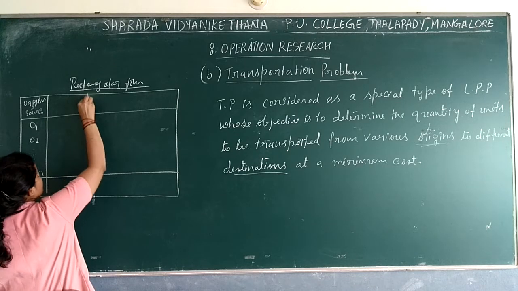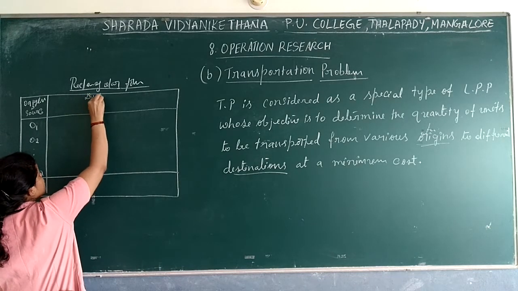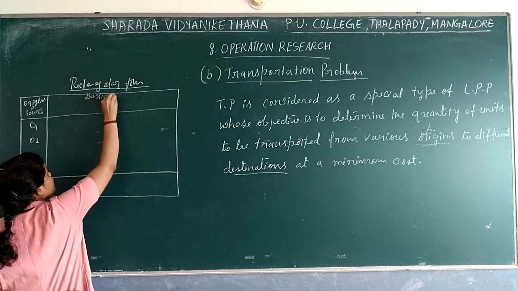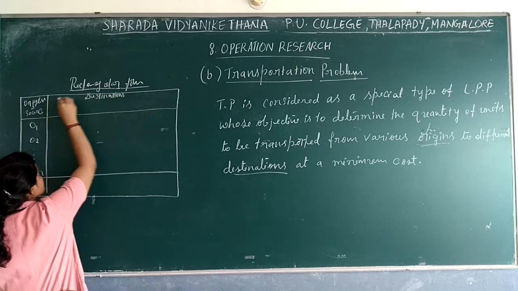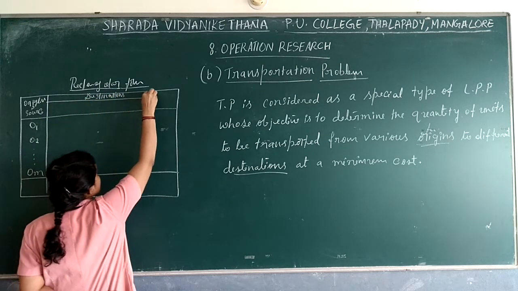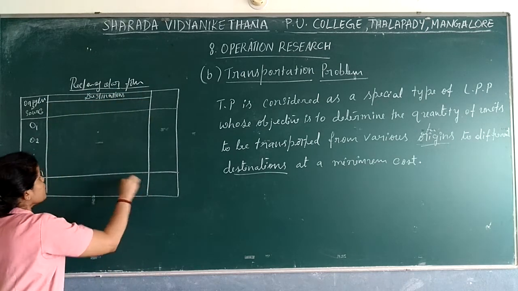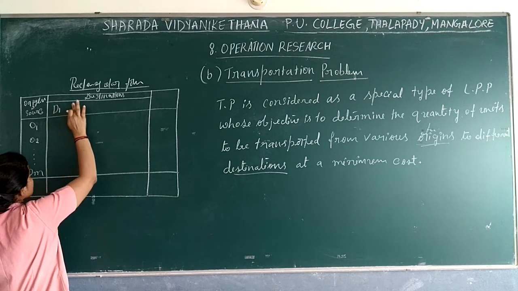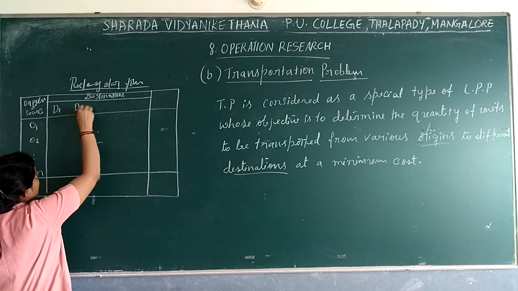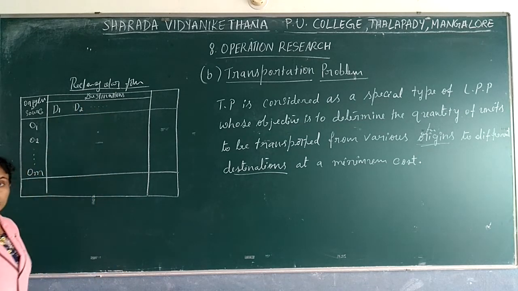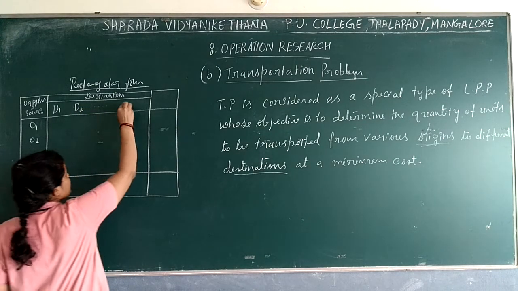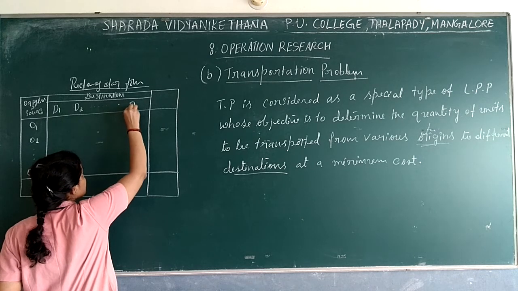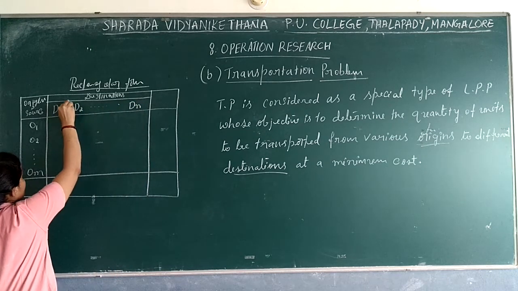Then here we can see the different destinations. Destinations we write as D1, then D2, D3, D4, and at last DM.